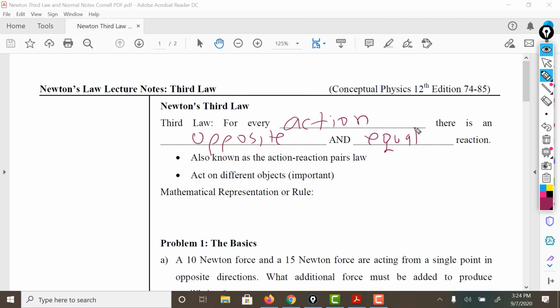Mathematical representation or rule. This is a pretty useless rule. It's not really useful, but the idea is there. So given two objects, let's say we have object 1 and object 2, then the force of object 1 on object 2 is equal to the same force of object 2 onto object 1, but opposite.